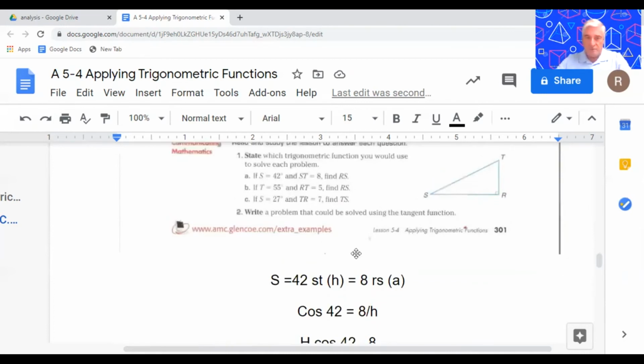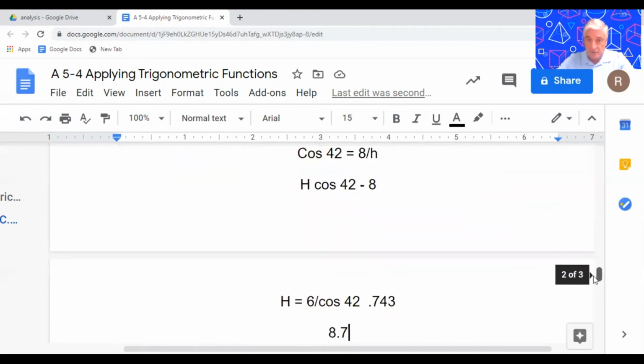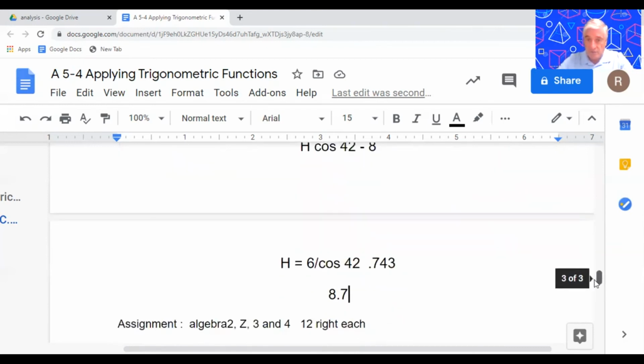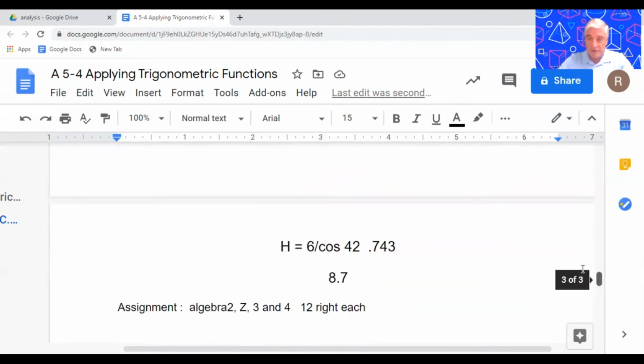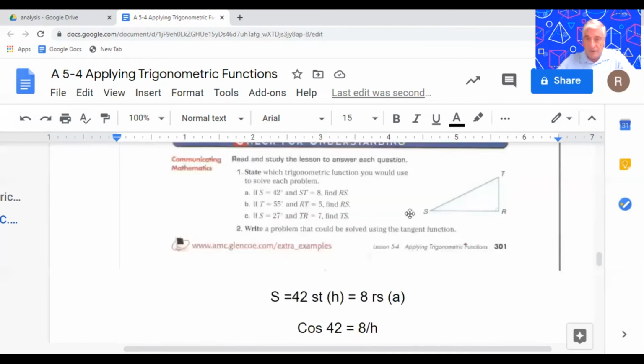Now, the next one says T is 55 and RT, which is adjacent, is 5. So we're going to do the same thing. It's the same exact one. Let's try one that's different with sine. If S is 27 and TR, there we go, there's an opposite.